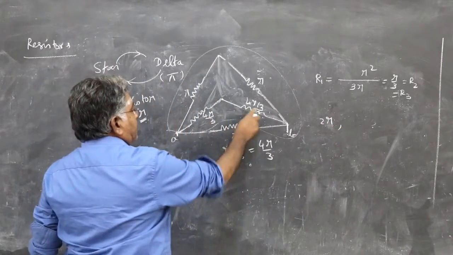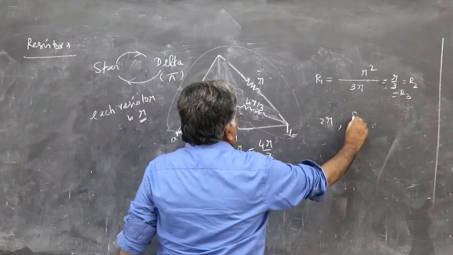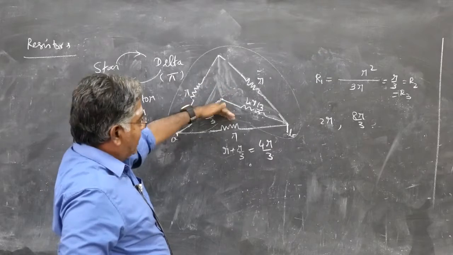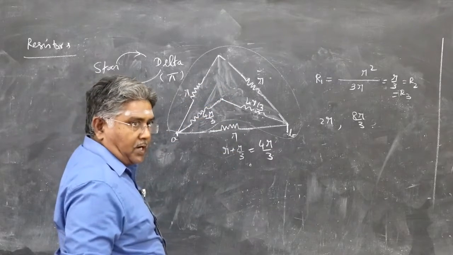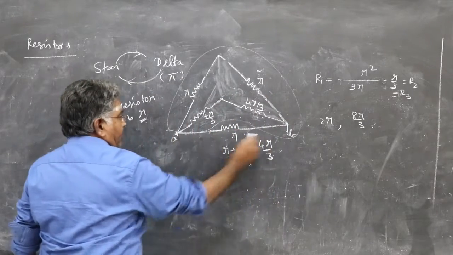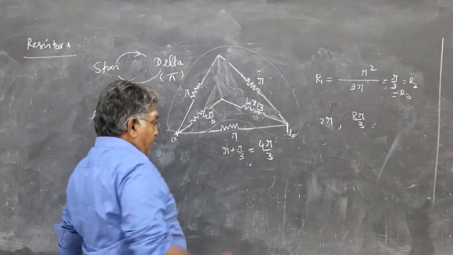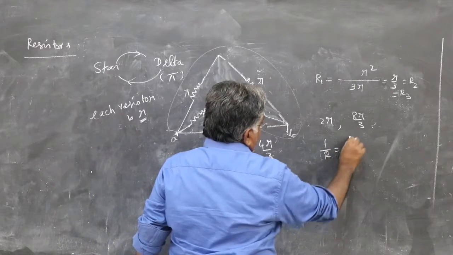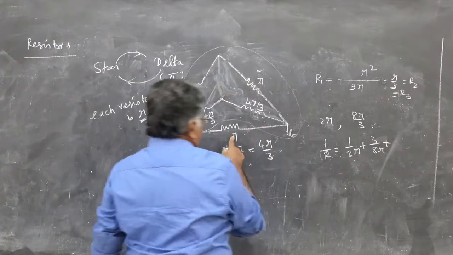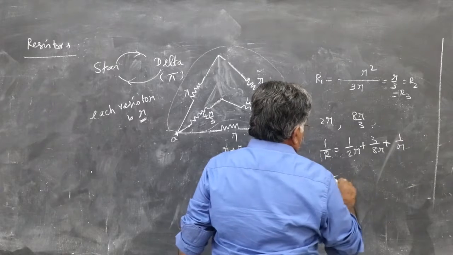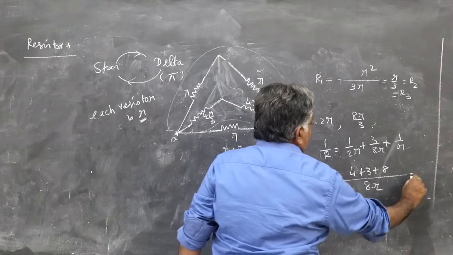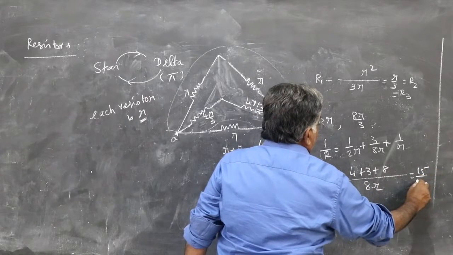4R by 3 and 4R by 3 in series, so 8R by 3. These two are in parallel, and of course in parallel with that you have this small R. So this and this are in parallel, because you want to find effective resistance between A and B. Therefore 1 by R effective is 1 by 2R plus 3 by 8R plus the reciprocal of this, 1 by R. So overall over 8R, 4 plus 3 plus 8, so 15 by 8R.